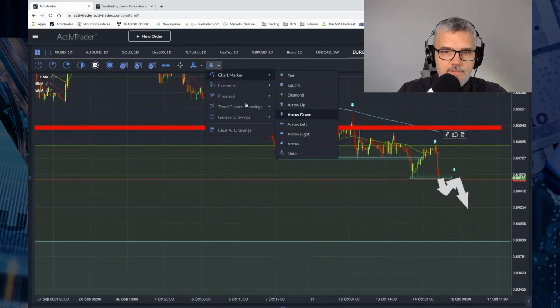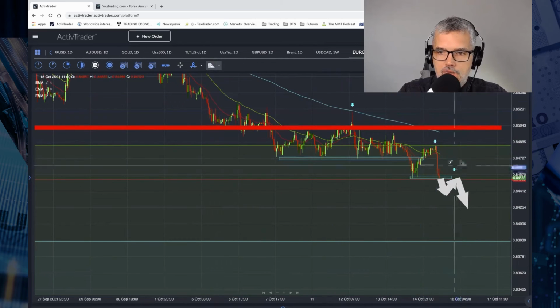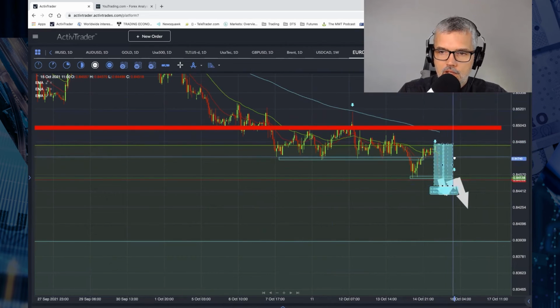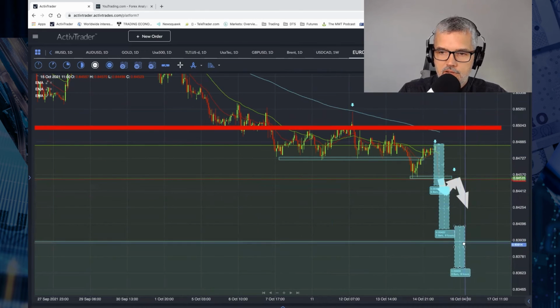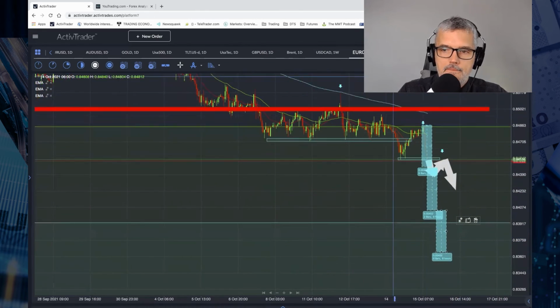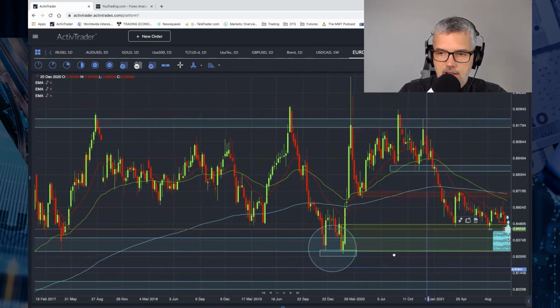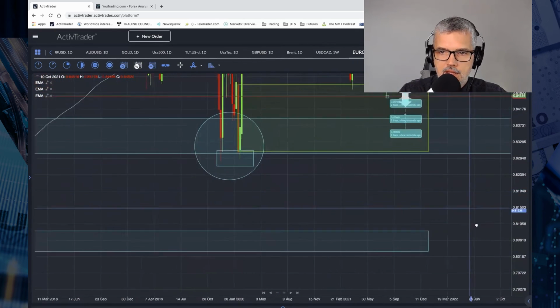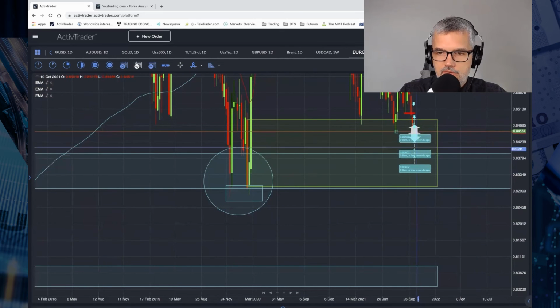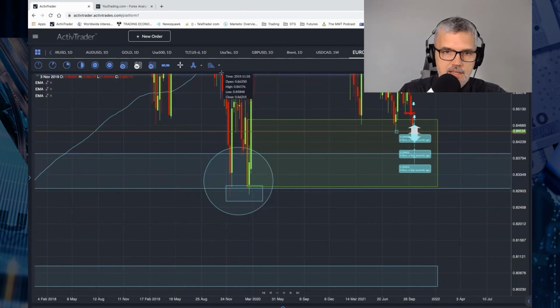So say we use this swing high here and we use this level as our short, then you've got that much risk. So then you want to be looking for twice as much in terms of profit. And then if I go back to the weekly, you can see here that these levels of profit taking, if you like, still haven't quite made it down to here.